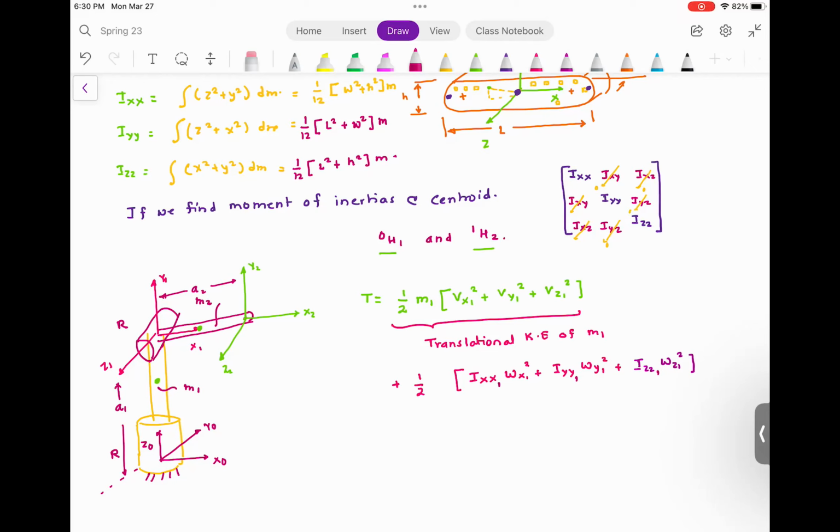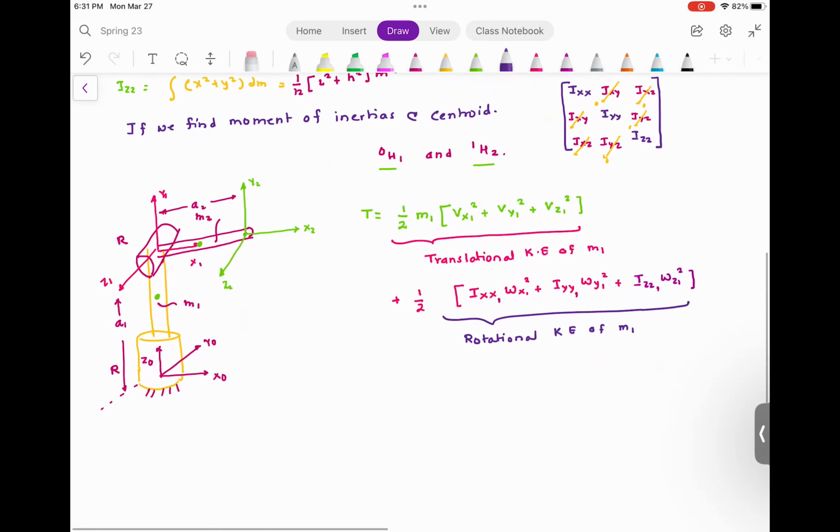Everyone understood this? This is the rotational kinetic energy of m1.